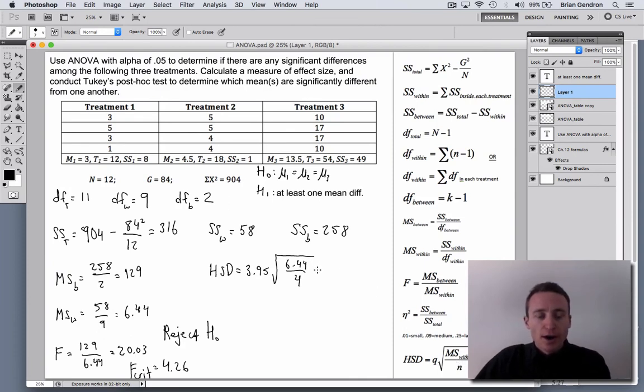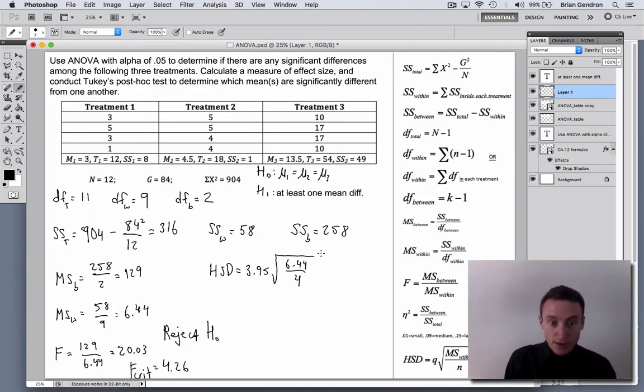But I guess a quick side note, this is arguably the most popular post-hoc test. And so I think the reason it's so popular is that it's relatively simple, as you'll see in a moment. But the issue is you have to have equal sample size. Unfortunately, we do.